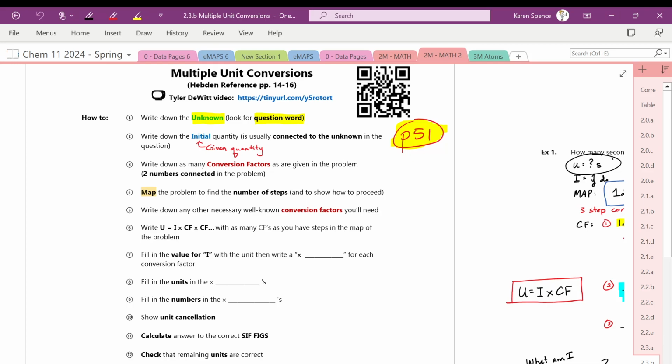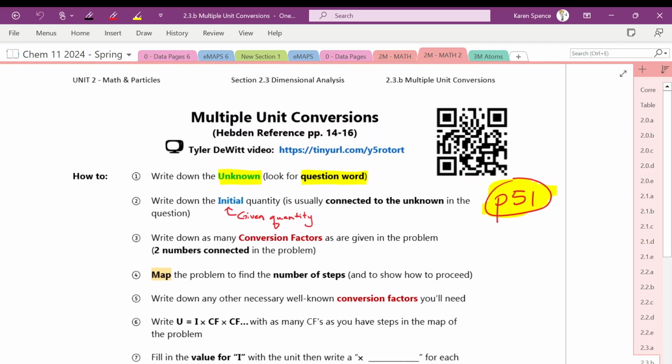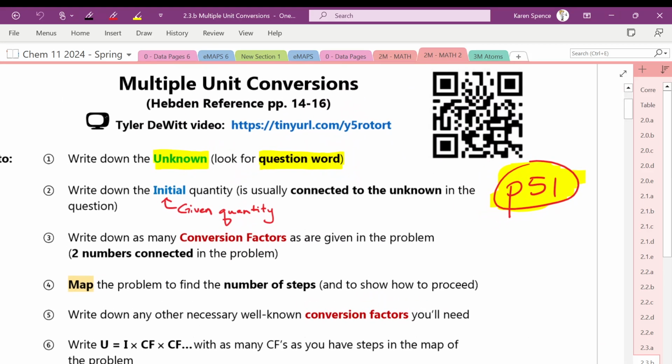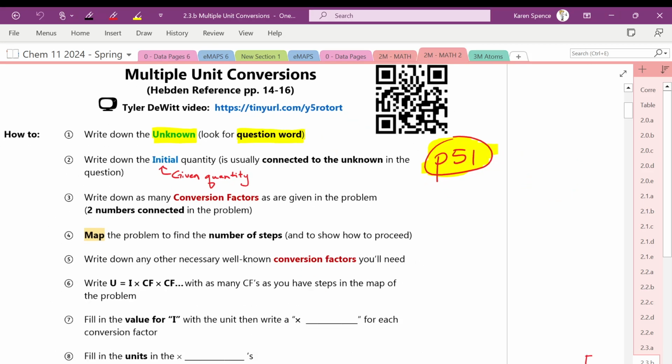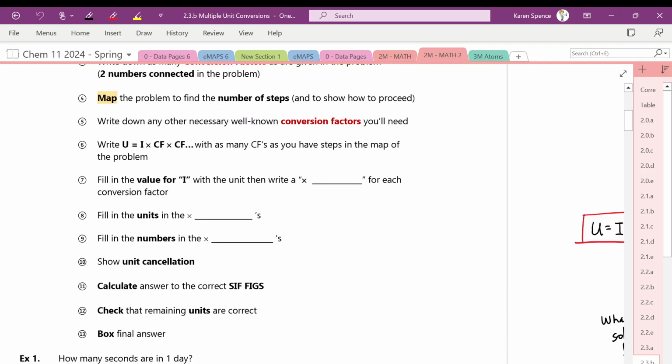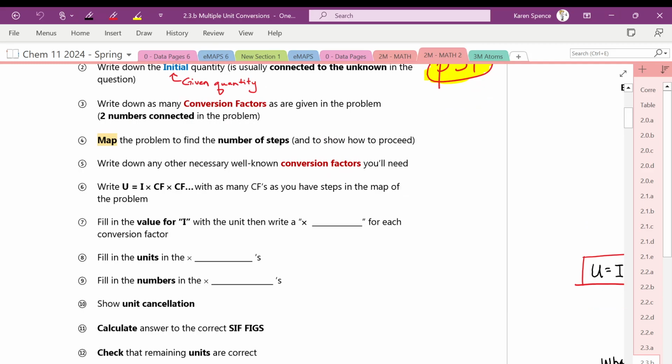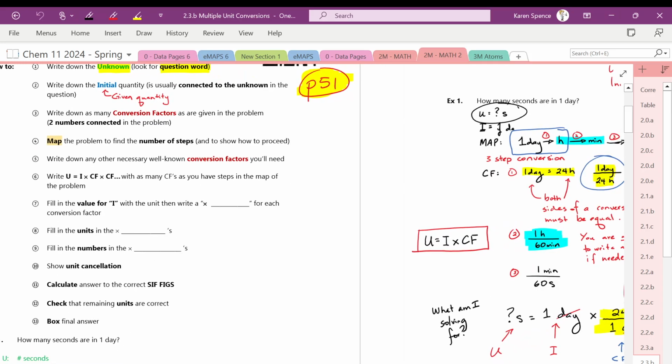Ooh, it looks like I used this last year. There is a Tyler DeWitt video, so if you're having problems, feel free to reference that when you get home, okay? There is a series of steps here that I am not going to go through because we are just going to go through them together, okay?